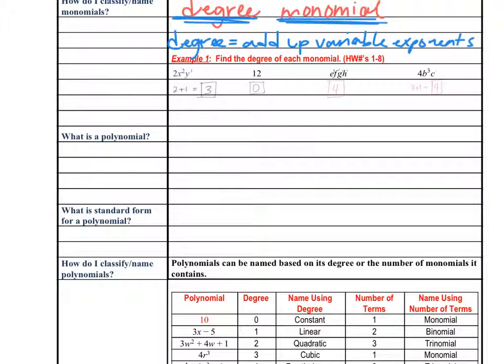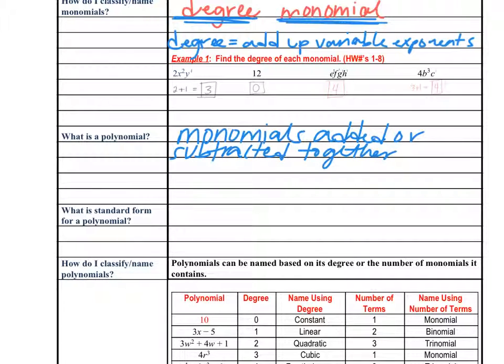So polynomial is monomials added or subtracted together. So you're going to have more than one term.